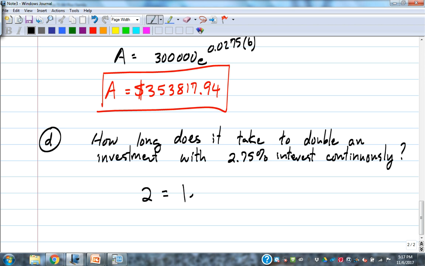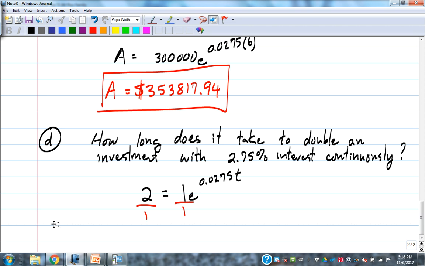And since this one is continuously, we'll use the PERT formula, A equals P e to the rt. But we don't know what T is. Bless you. All right. Technically, you've got to divide by that 1. But anything divided by 1 is the same thing back.